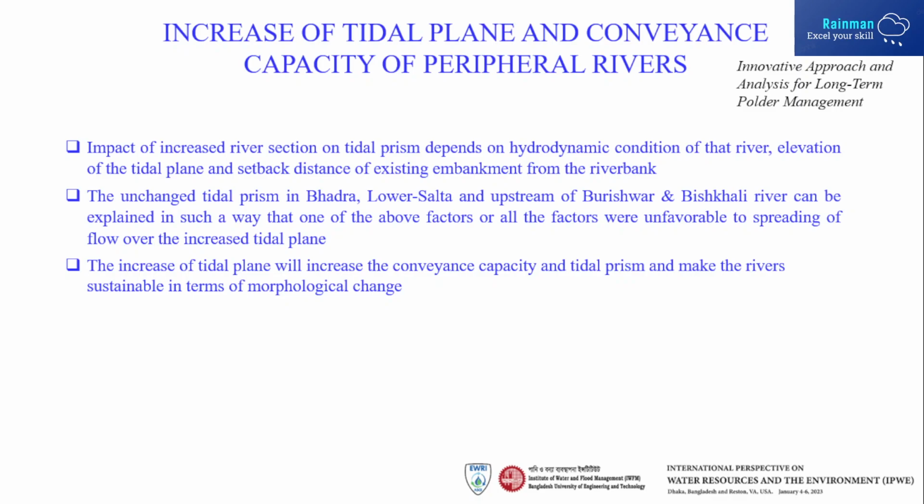I want to say that tidal plane increment is not available in all cases, because land acquisition could be needed, or if there is already a good setback distance, tidal plane increment may not be effective.